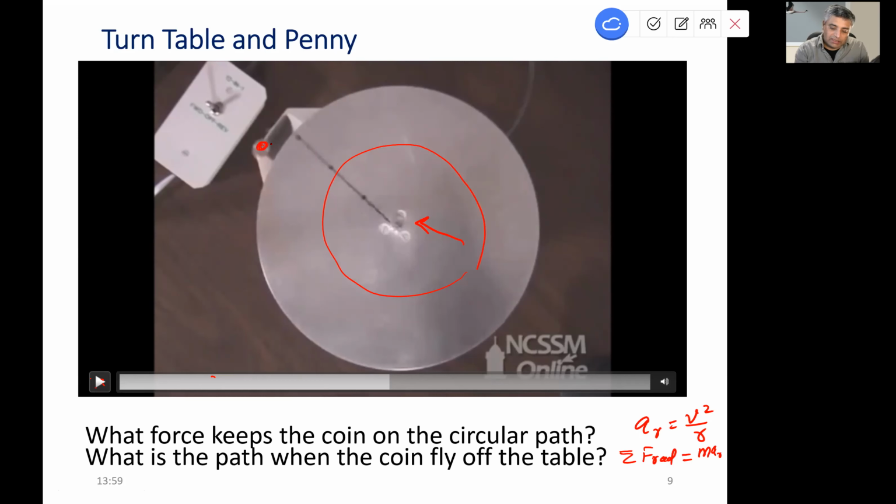I spotted this coin over here right now. And right before that, where was it? Here. I want to see it right after this. So it's here at this point.